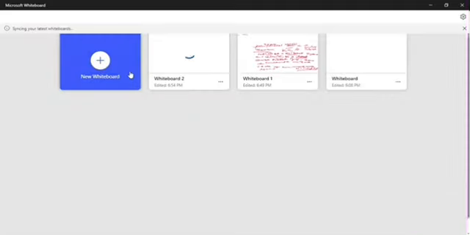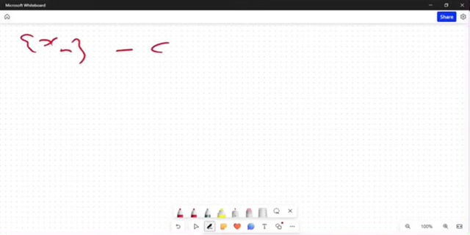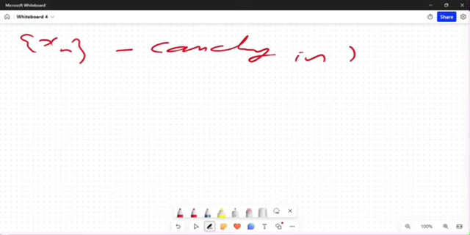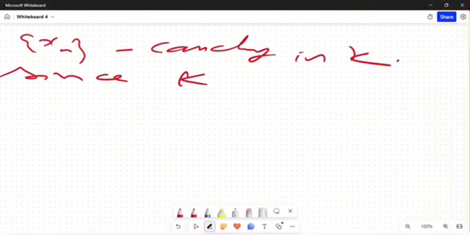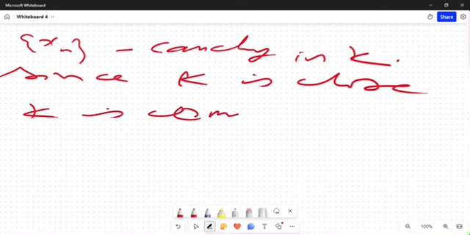The sequence xn is Cauchy, and of course it is Cauchy in K, because these are sequences in K. And since K is closed, you can be sure that the limit of xn is in K. So you now see that K is complete.